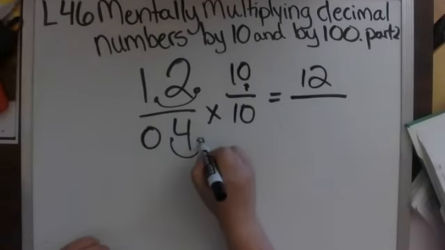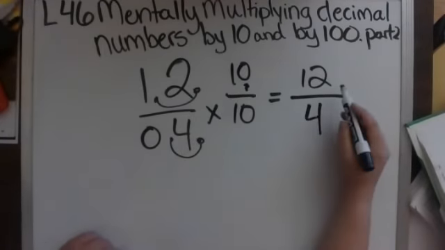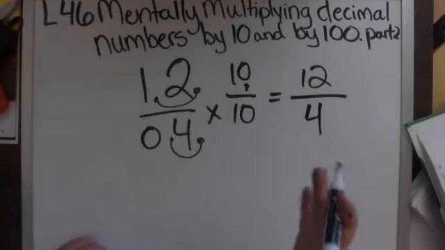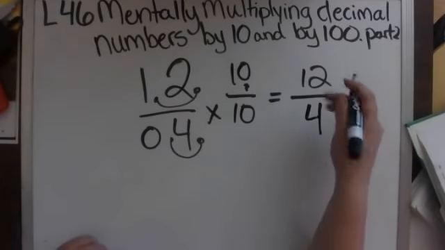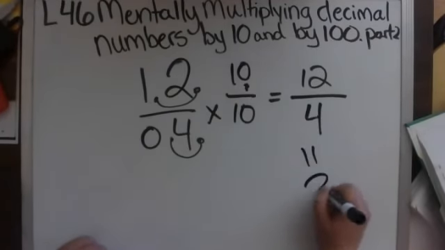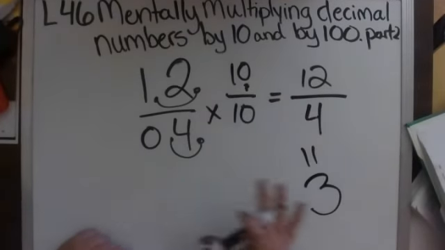This, again, once, my new number is 4 because we don't need that 0 in front of it. I then have 12 over 4, and then mentally, knowing your multiplications, you should know that 4 goes equally into 12 3 times. So 12 over 4 is actually 3. And you should be able to do all of that mentally.